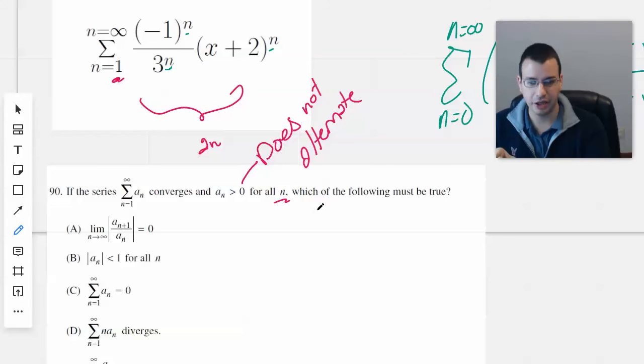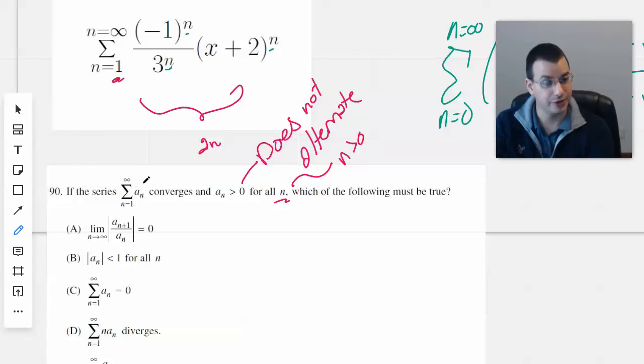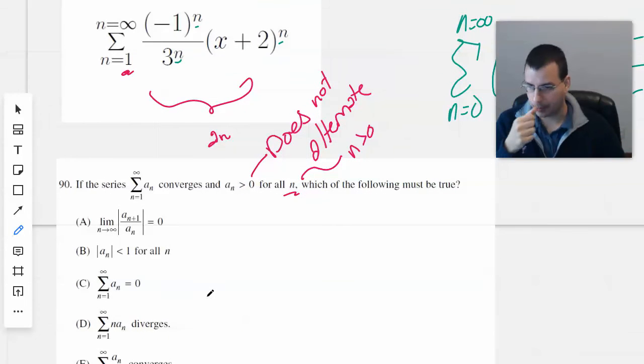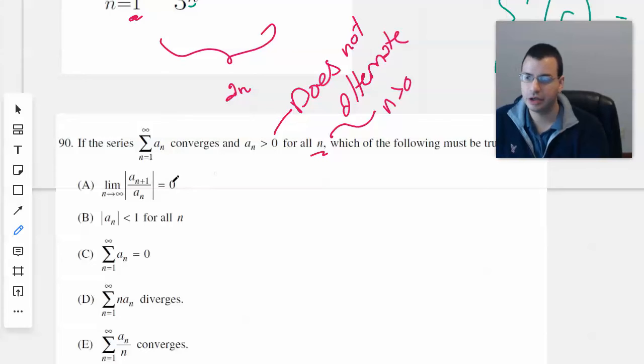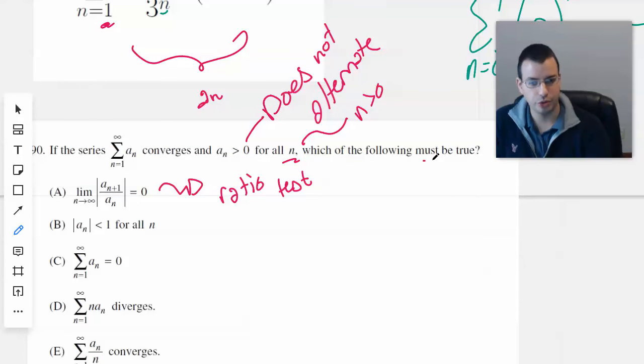For all n, which of the following must be true? We also know that n is greater than 0 because n goes from 1 to infinity. Okay, so the first possibility is the ratio test. They're talking about the ratio test. And they're saying, well, what must be true?